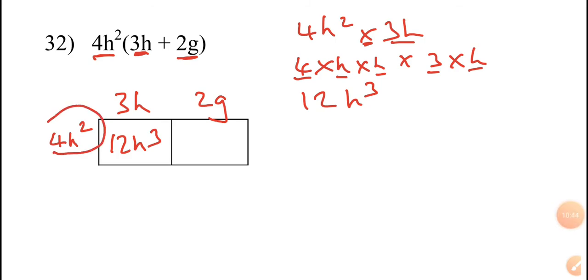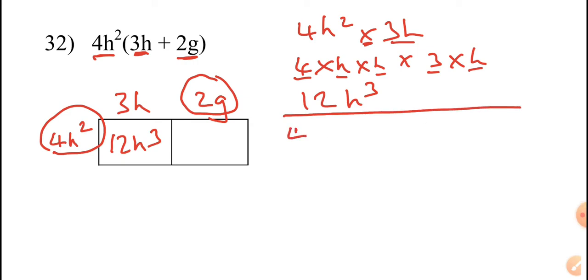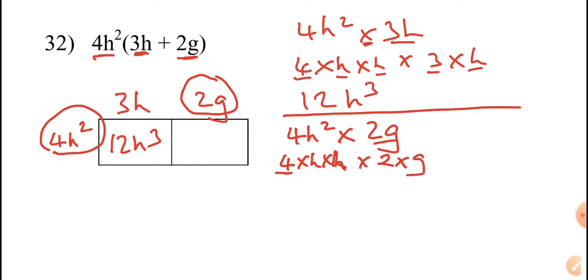Next we have to do 4h squared times 2g. So what does 4h squared mean? It means 4 times h times, and then 2 times g. So 4 times 2 is 8, and then to keep in alphabetical order, times by g first, so 8g, and then h times h is h squared.